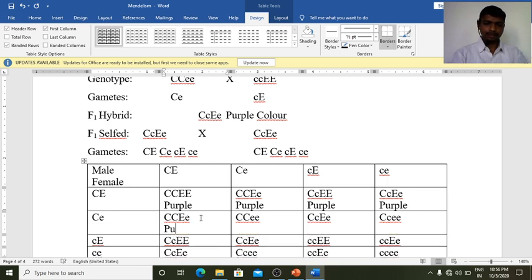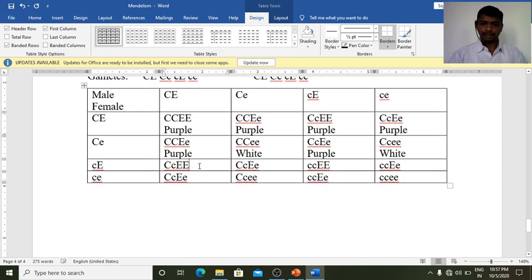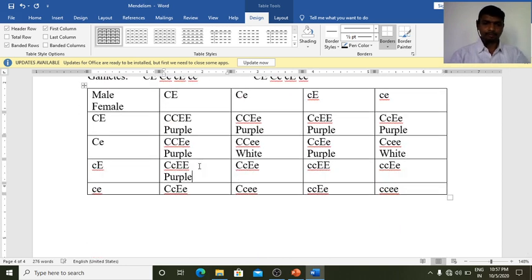Here also purple, both the alleles are dominant. Here is white, because there is only one allele which is dominant. If this E allele is dominant, then we write purple, but here it is recessive, so we write white. Now purple. Here is white. Here is purple, because both the alleles are dominant.